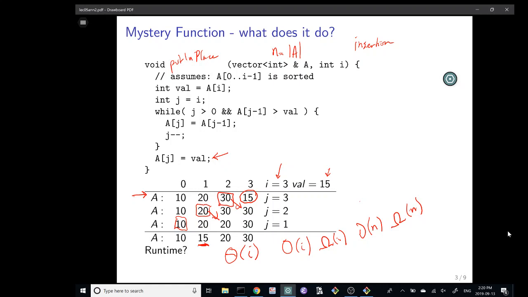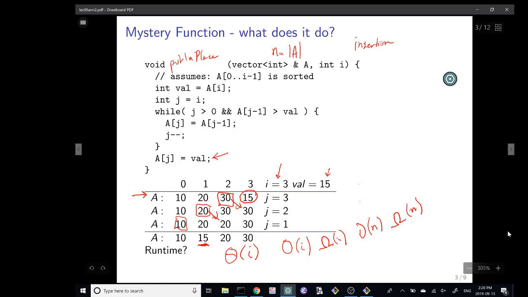Well, because I am not being clear about what I'm asking you. I just said runtime. I didn't say worst case runtime. And yet if I did say worst case runtime, these would all still be correct. But I also didn't tell you something else, which is: is I a parameter, or do I take the max over its value when I'm talking about worst case?